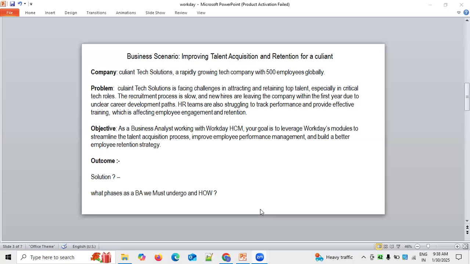So you must know what phases we must undergo and how. When it comes to the solution to be provided, and what phases as a BA you must undergo and how, I am going to discuss that in the coming session.